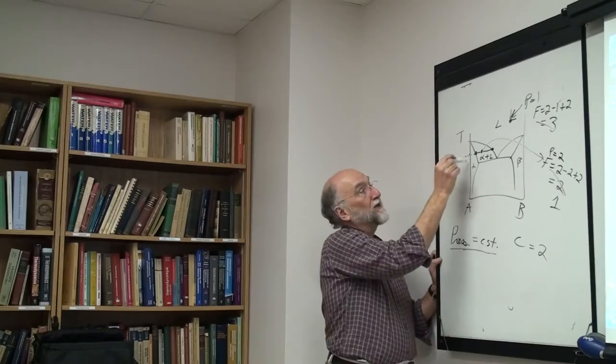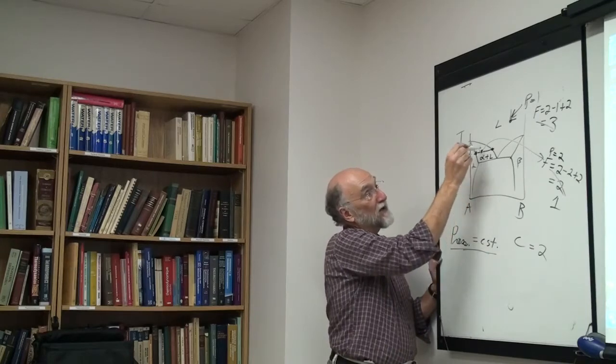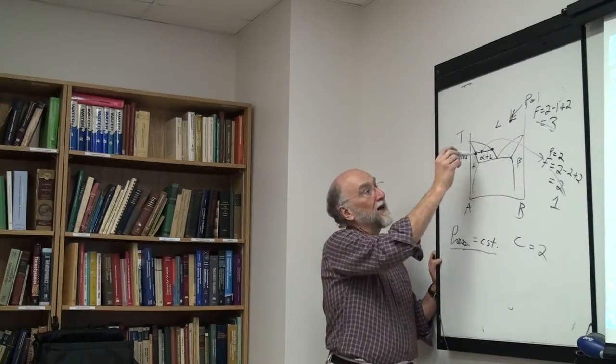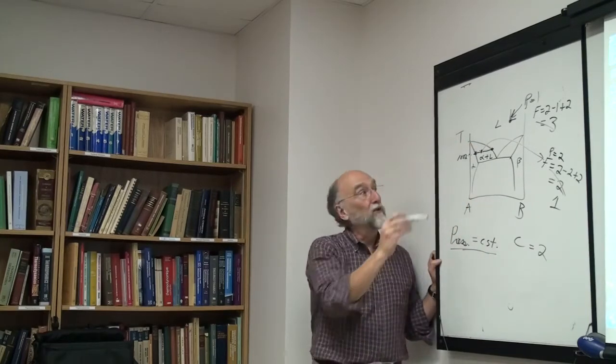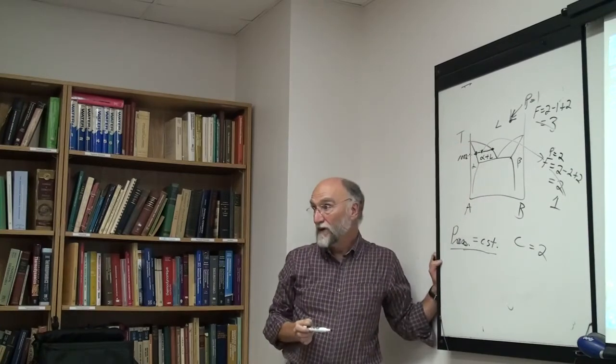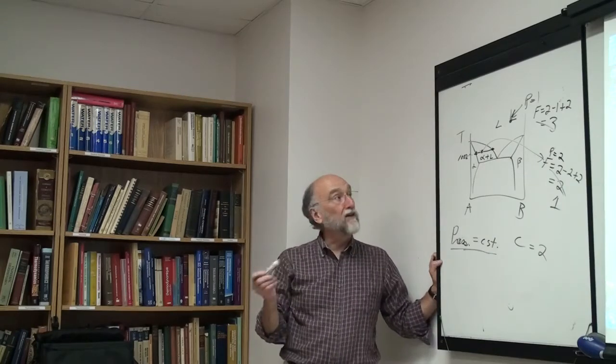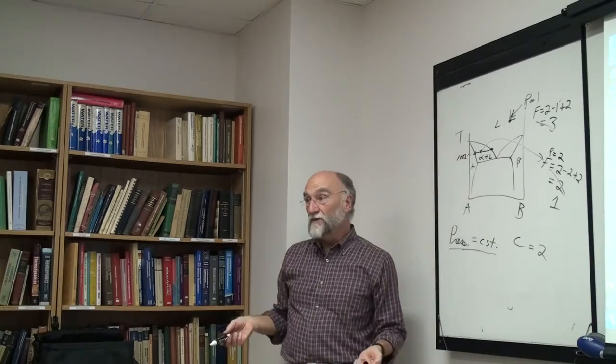But if I want the temperature to be 1002 degrees, and I want to be in the alpha plus liquid region, then I have no choice about the other two variables. The composition of the solid will be here, and the composition of the liquid will be here. I can choose the temperature, but that's it. The other variables are chosen by nature, by the system. So the number of degrees of freedom is 1.